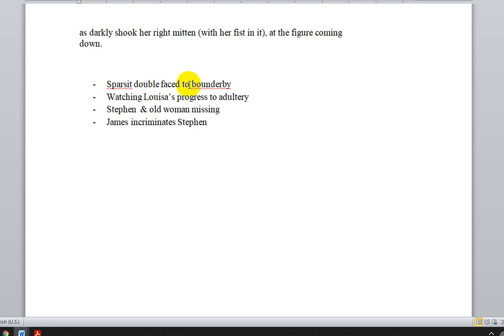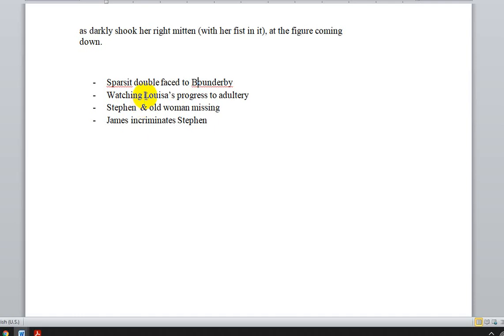So we have seen how Sparsit is double-faced towards Bounderby. We've seen how Louisa is progressing in her relationship with James Harthouse. We have talked about Stephen and the old woman who were reported missing and were suspected for the robbery of the bank. And we have also witnessed how James Harthouse has been talking about Stephen and suspecting him, referring to him as a criminal in the robbery.